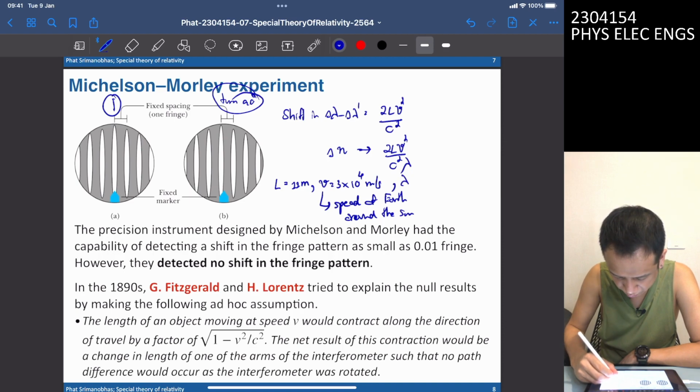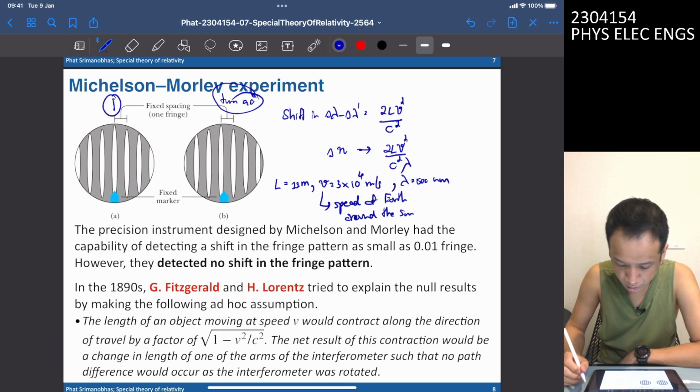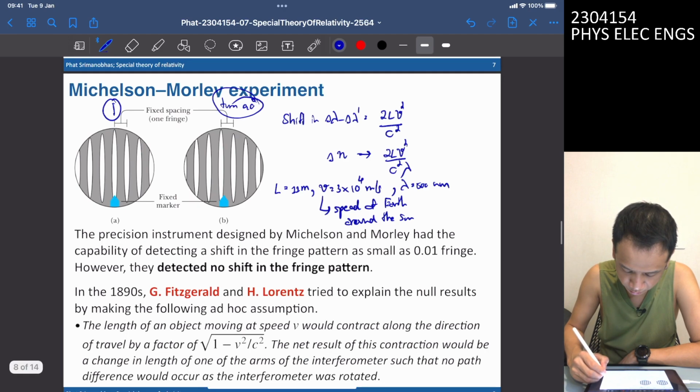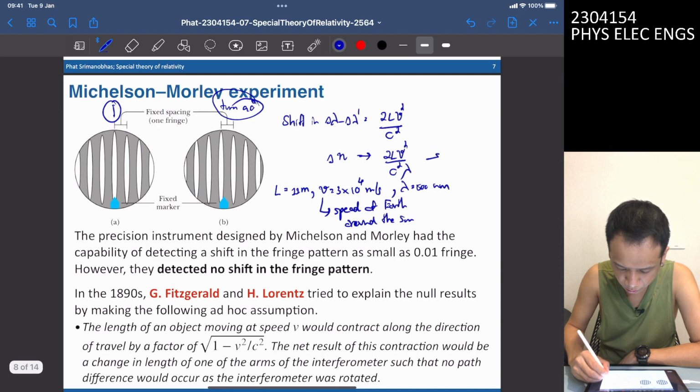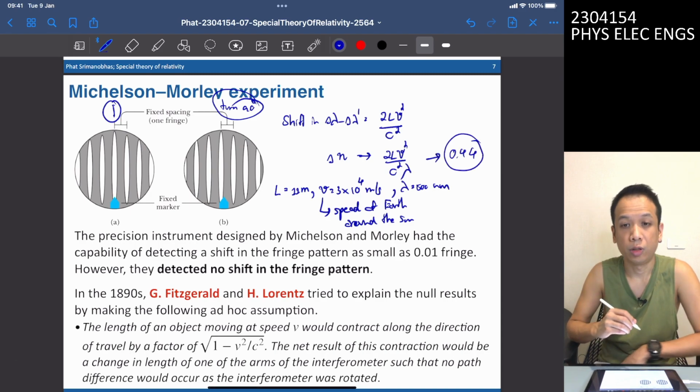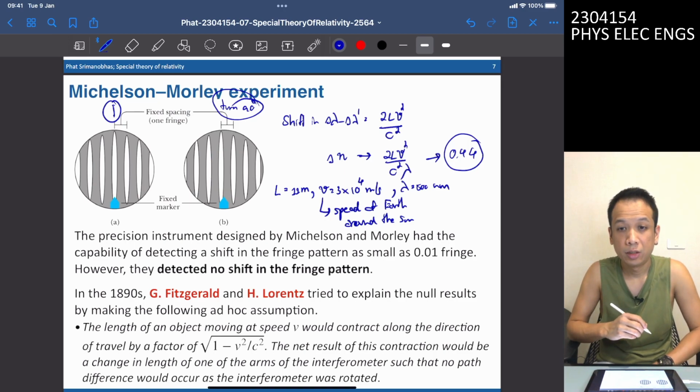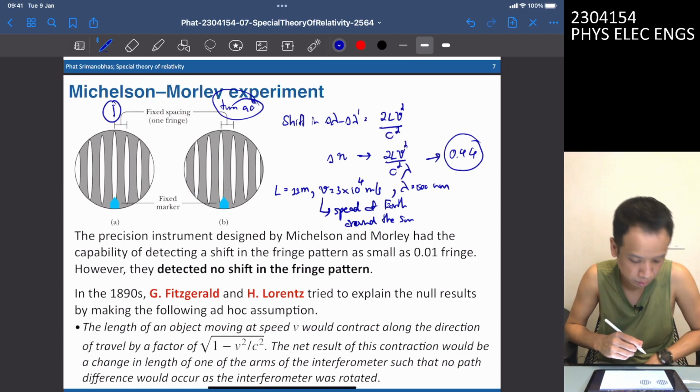Lambda is 500 nanometers. If you use these numbers, you get delta n equal to 0.44. So this is what they expected to see as the shift.